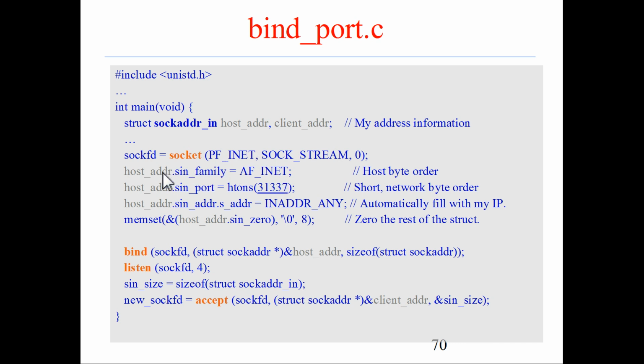So what's happening here is that host adder is a struct of sockaddr_in type, and host adder is being set up to have the host byte order setting specified, which is AF inet, and the port to be used, which is translated to the appropriate byte ordering for the given network.